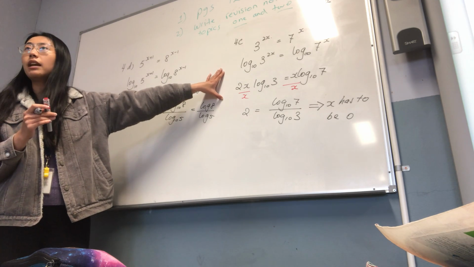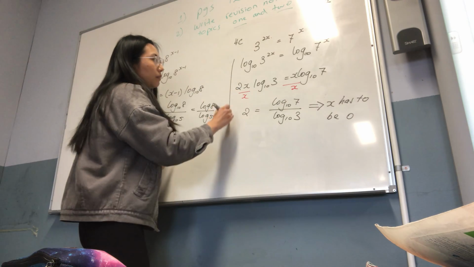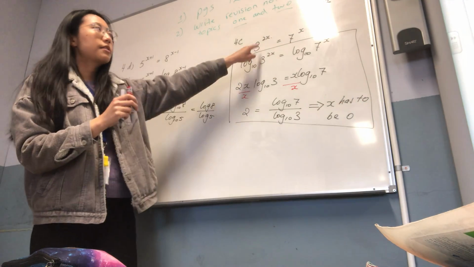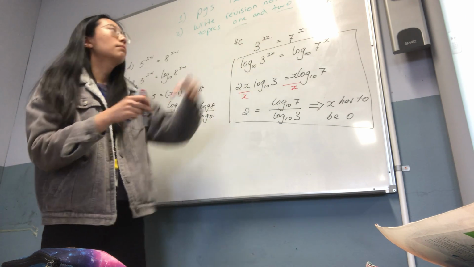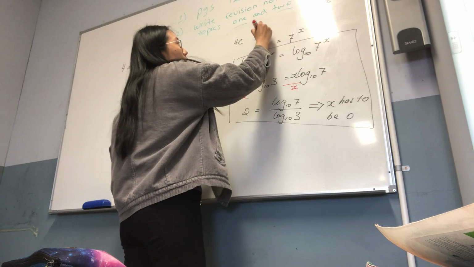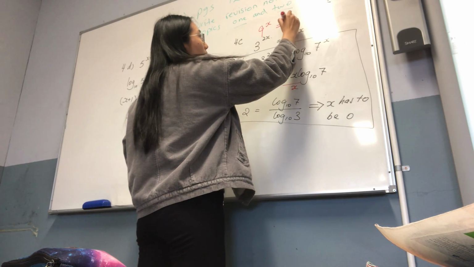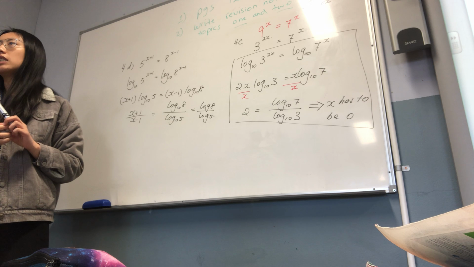And also, if you're familiar with indices already, you'll know that if you have two bases, the bases are not the same. And they're 2x to the power of something. And with this one, 3 to the power of 2x, I can simplify it to 9 to the power of x. Right? 9 to the power of x equals 7 to the power of x. When will that ever be valid?